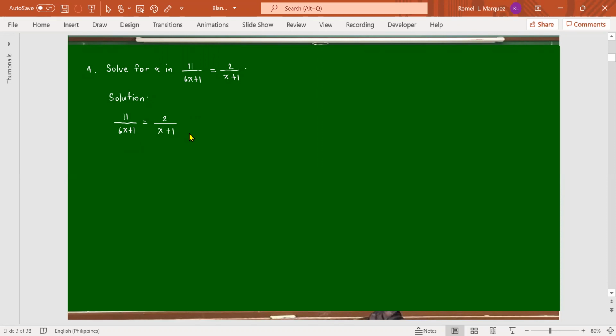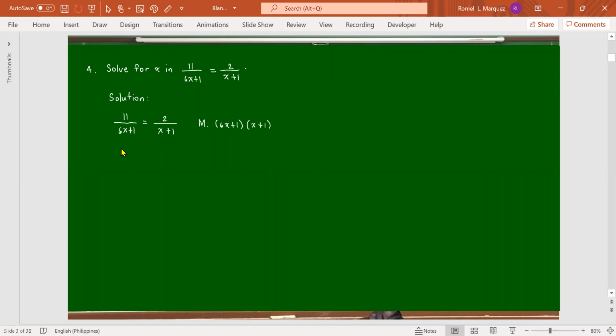First step is to get rid of the denominators on both sides. Okay, so we multiply each side by 6x plus 1, x plus 1.